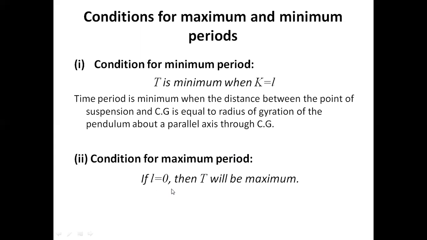What does L equal to 0 indicate? The horizontal axis must pass through the center of gravity. The separation between the point O and the point G must be equal to 0. That means we have to suspend the pendulum about the center of gravity. Then at that point, we will get a maximum time period.